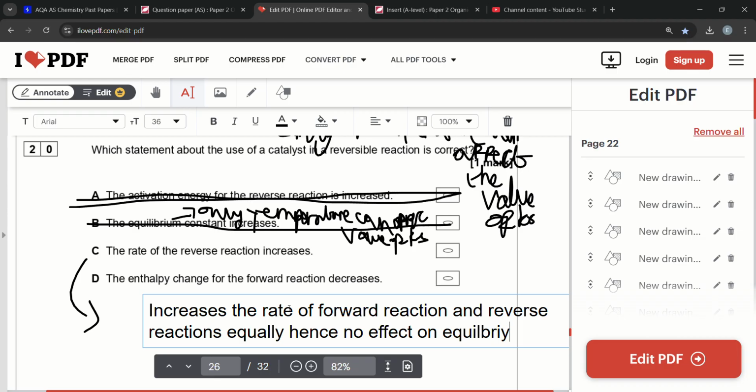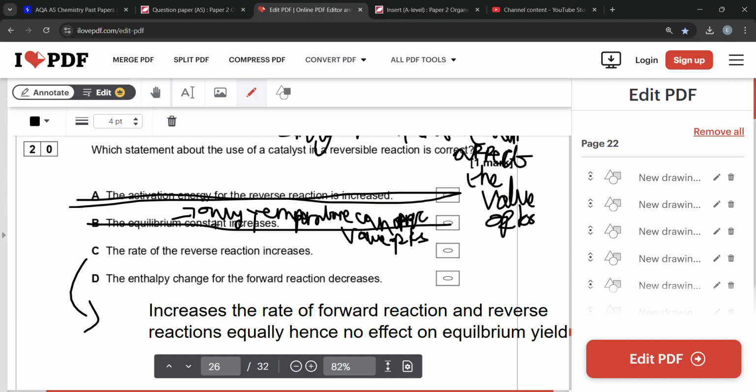That is true. However, it still increases the rate of the reverse reaction, and the question is just asking which one is correct. So that is true. Enthalpy change for the forward reaction decreases.